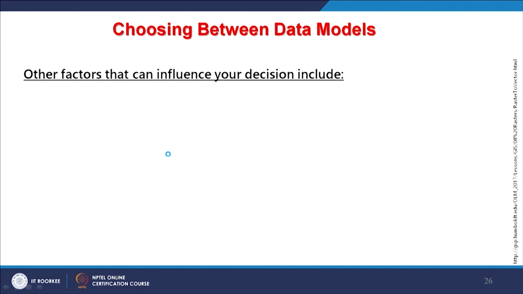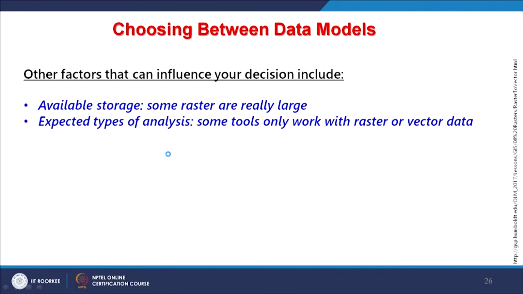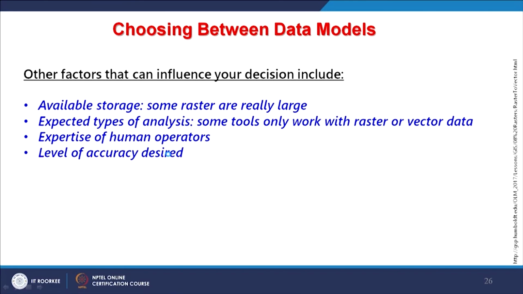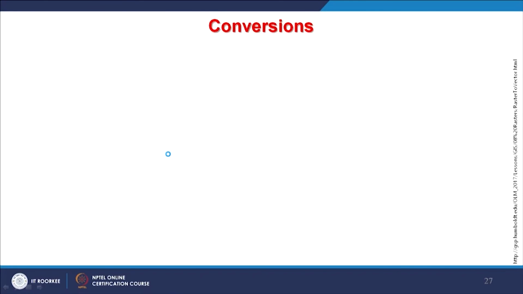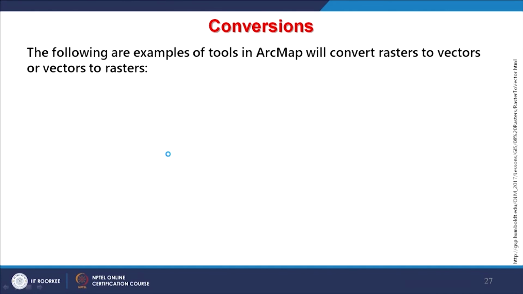And other factors which can influence your decision include the available storage, because raster requires really large storage space. Expected types of analysis, as some tools only work with raster or vector data, and expertise of human operators is also required, and the level of accuracy desired, that will make our decisions. And some examples are here with the ArcMap GIS software converting from vector to raster.